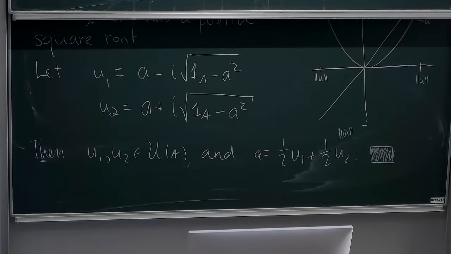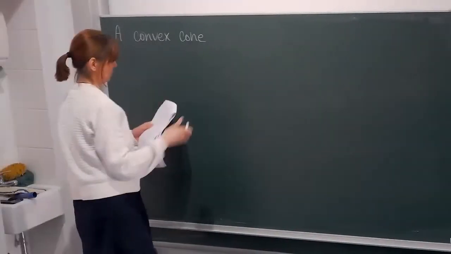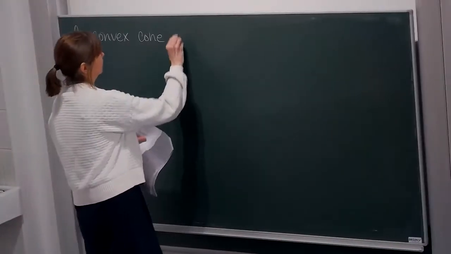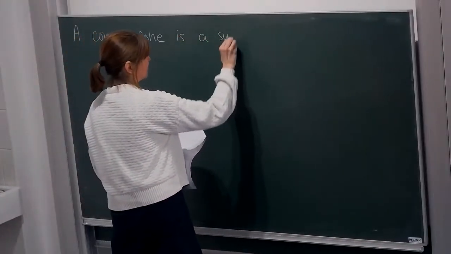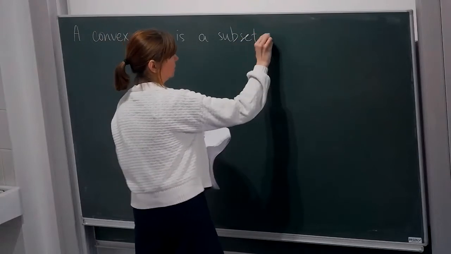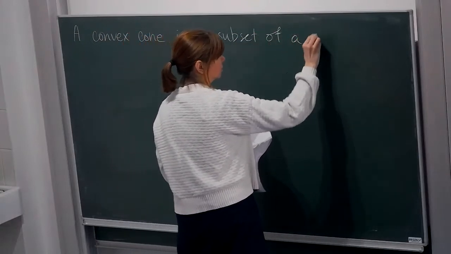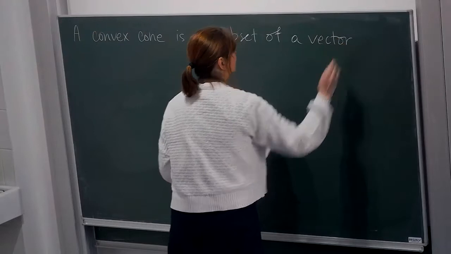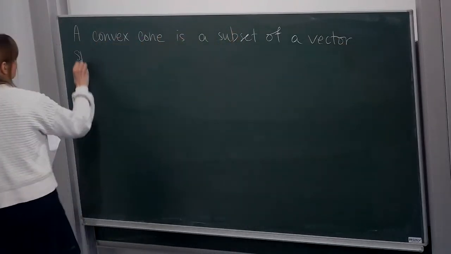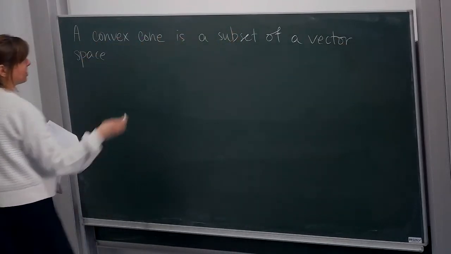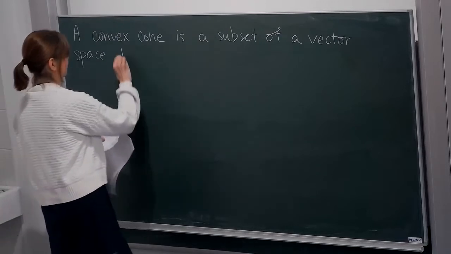A convex cone is a subset of a vector space that's closed under linear combinations with positive coefficients.